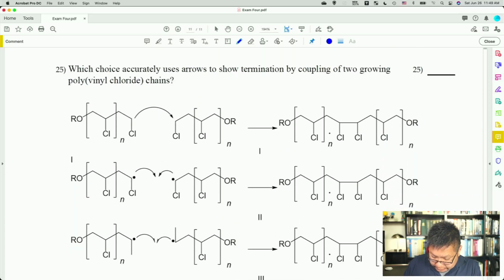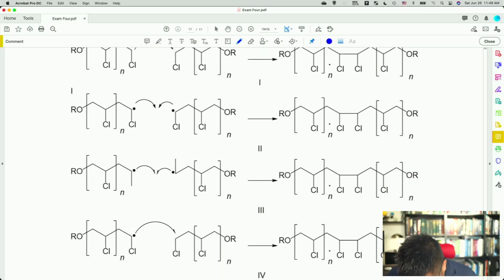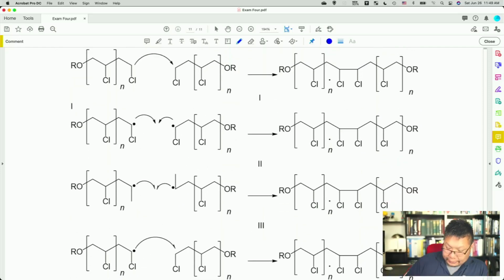And then in our last one, which of the following arrows show termination by coupling of 2? Remember, you can't have a radical reaction with double barbed arrows, or normal arrows with 2 barbs on them. They have to have fishhook arrows. So that's not a correct one because that has a double barbed arrow. This one has 2 double barbed arrows, so that's not right either.